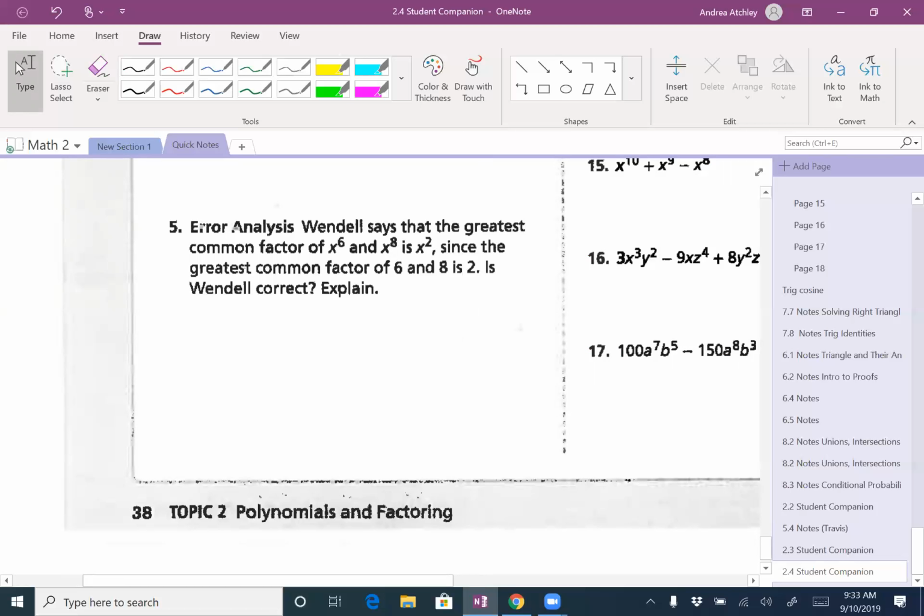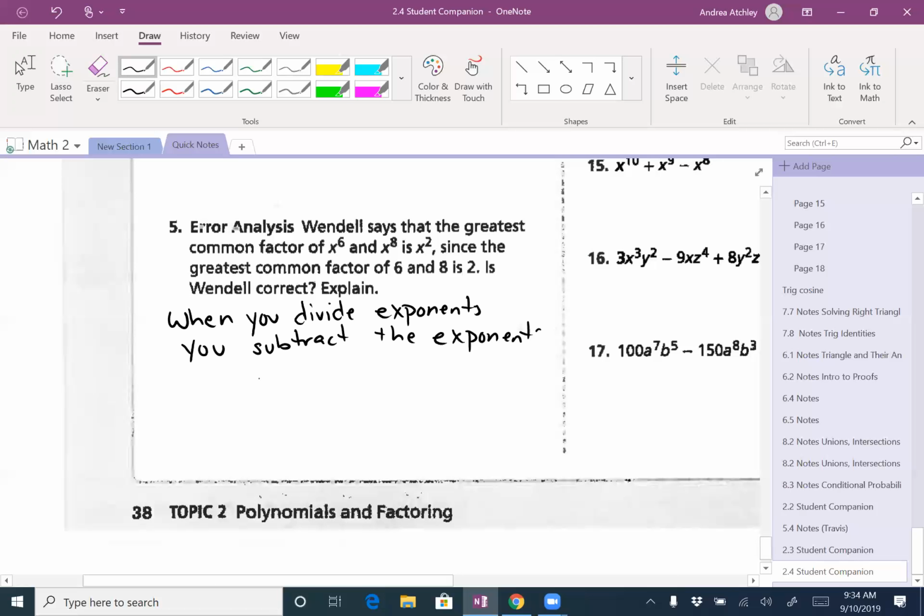He's dividing exponents right now, not subtracting the exponents. Okay? So that's his error.